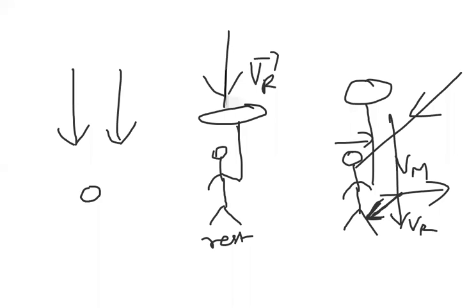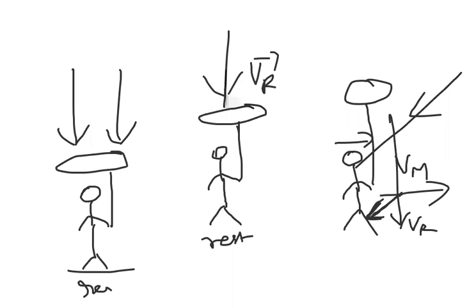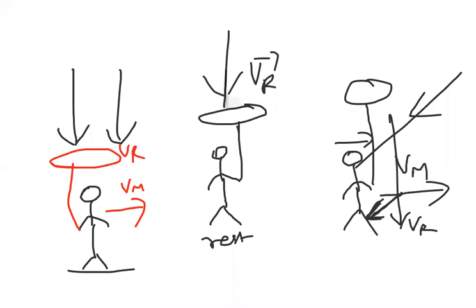But the man at rest, when he is not moving, can just hold the umbrella like this, as I told. But the same person, when he is moving in this direction with Vm, with rain falling downward, if he holds the umbrella in this direction, he will get wet. Why is he getting wet?